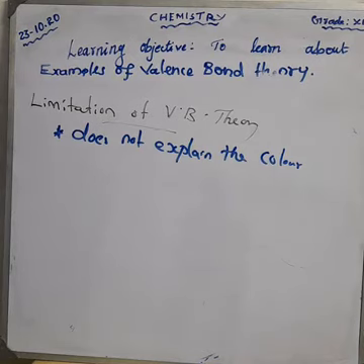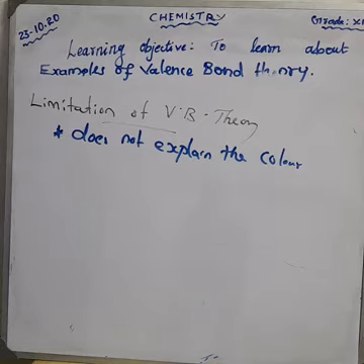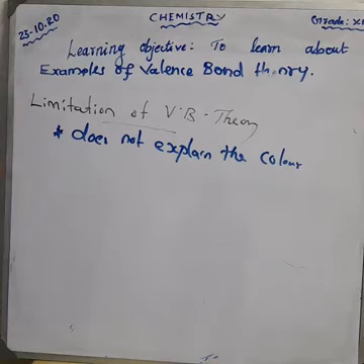What does it explain? It explains the electronic configuration and the nature of the ligand, whether it is a weak field ligand or a strong field ligand. Strong field ligand means the subshells are paired, weak field ligand means there is no pairing in the 3d electrons.